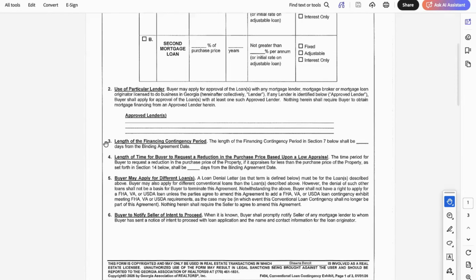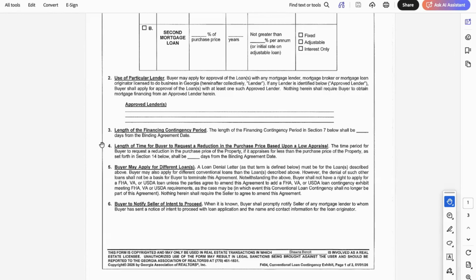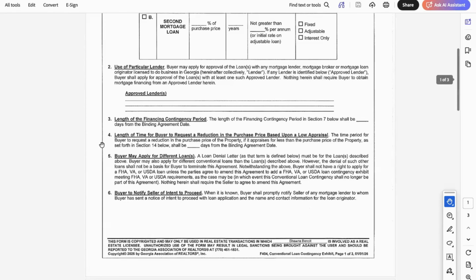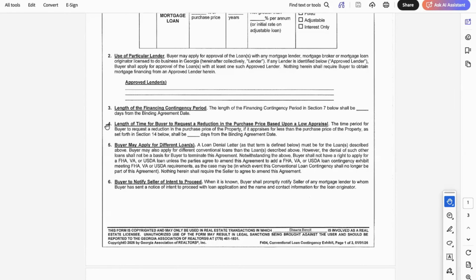3. Length of the financing contingency period. This sets the number of days buyer has to secure financing or terminate. The clock starts from the binding agreement date. If buyer does nothing before this deadline, financing protection expires. 4.